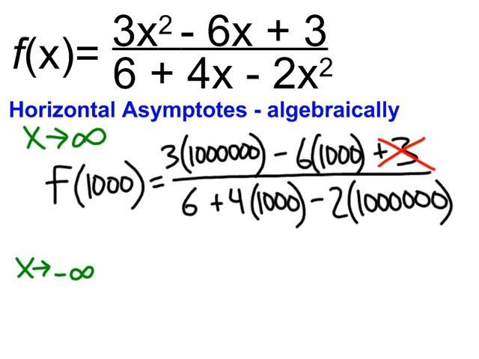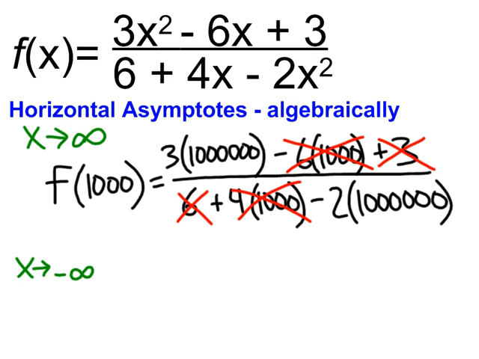Likewise, even though in some other problems 6,000 or negative 6,000 may seem like a big number, when it's sitting right next to 3 million, even negative 6,000 is pretty small. So likewise, I'm going to cross that out and say that the bulk of the value here is coming from this 3 million. I'm going to do the same thing on the bottom, and I'm going to say that this 6 and this 4,000 are pretty small compared to negative 2 million.